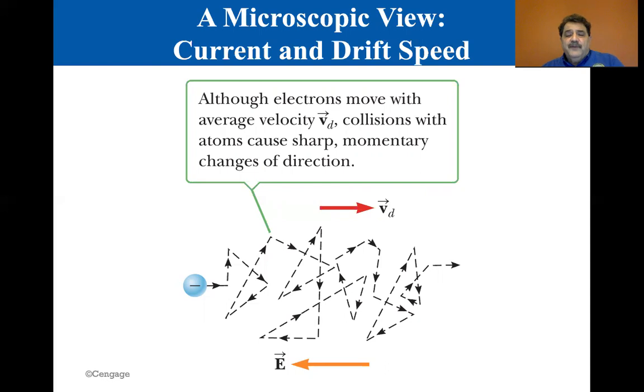You put in an electric field, as shown here, the electric field is to the left, and they start drifting to the right. They'll go back a little bit after bouncing around some of the other atoms in the material, but their overall velocity is opposite the electric field. And that's what it looks like.